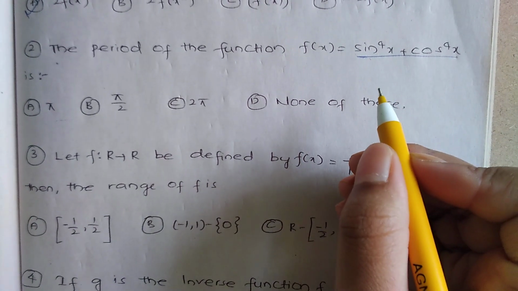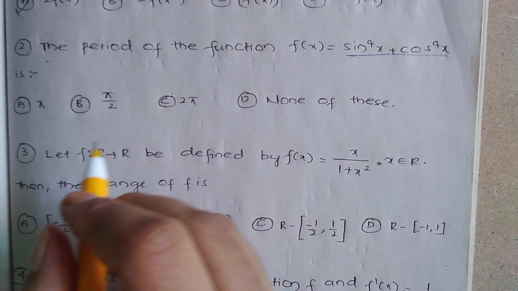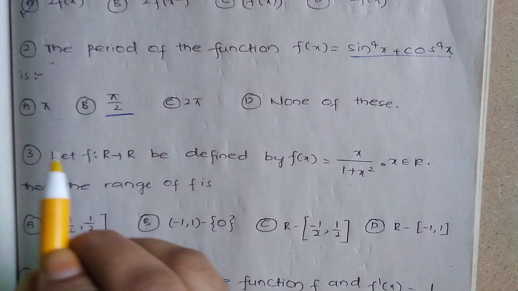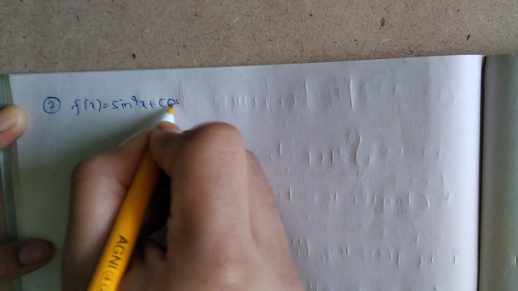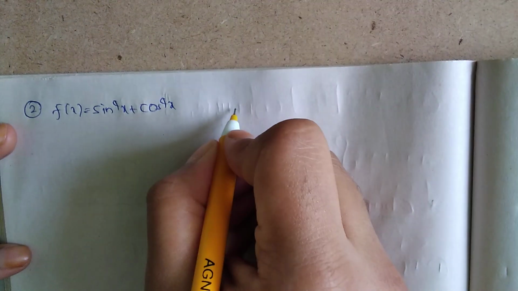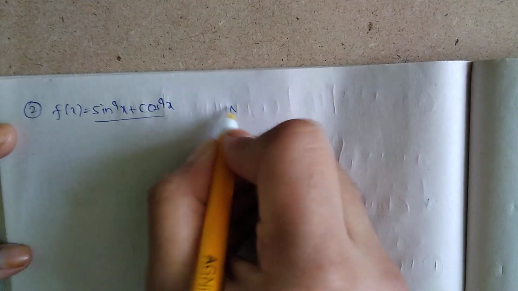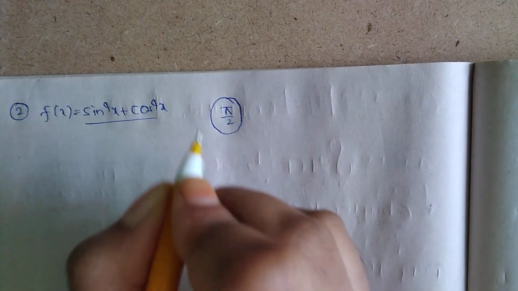First, I'll think B. What is the function given? Second question, f of x is given as sine power 4x plus cos power 4x, right? I'm thinking the period of this function to be pi by 2. This is the easiest way of solving.